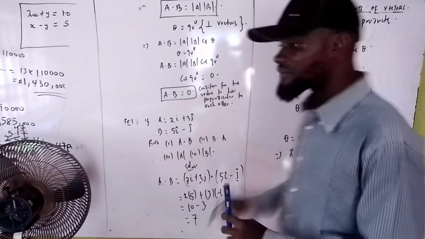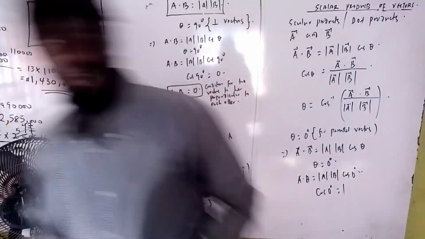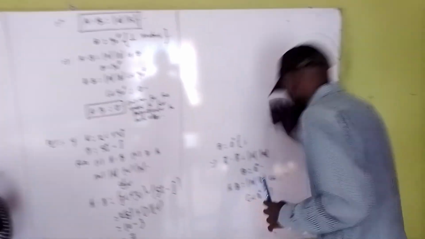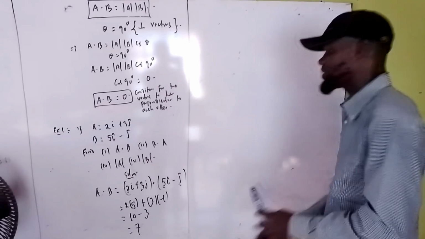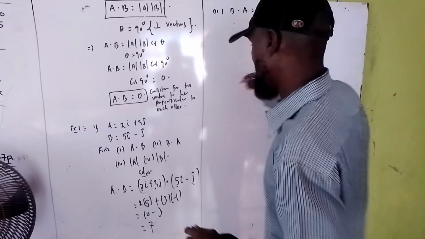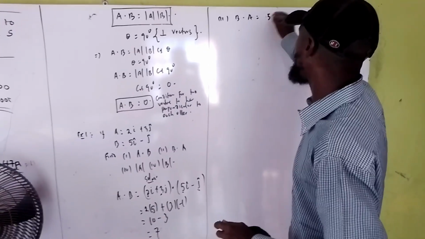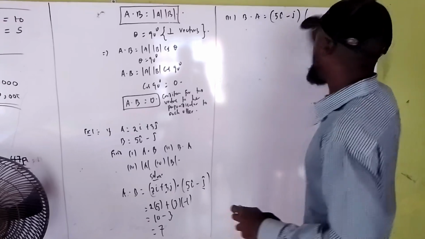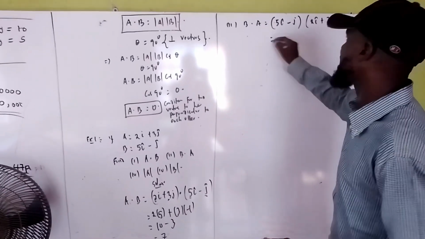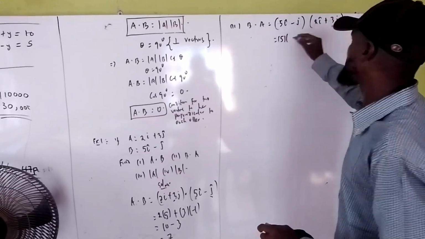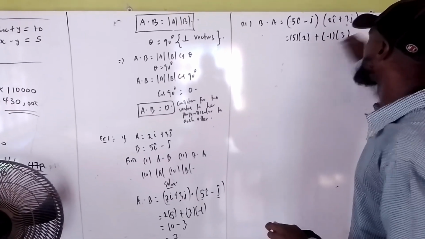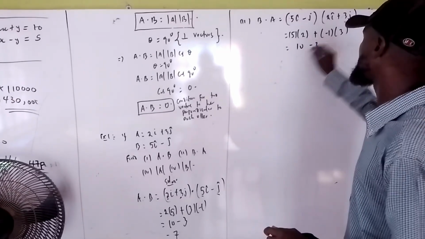We find B dot A as the second one. It means that we have our B to be 5i minus j, and we have our A to be 2i plus 3j. So the 5, we multiply the 2, plus the coefficient of j here is minus 1, we multiply the 3. So here we have 10 minus 3, that's 7.